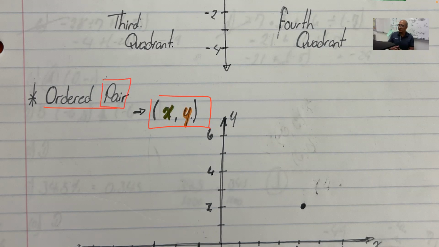In this case, a pair will refer to two numbers that are paired together, and one of them will be an x coordinate and the other one's going to be a y coordinate. Remember, x always comes before y, and they're always separated by a comma, and sometimes you see them inside parentheses. So this is known as an ordered pair.